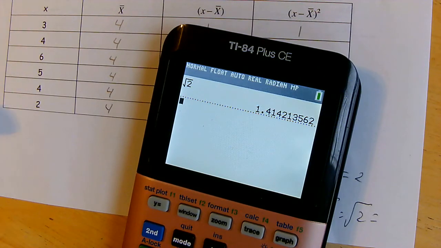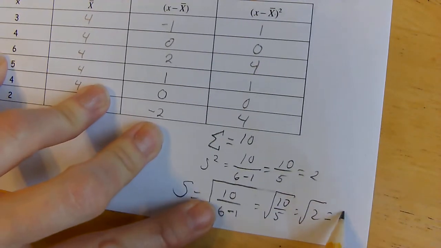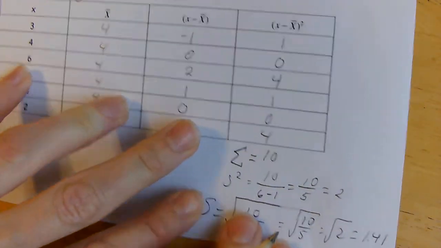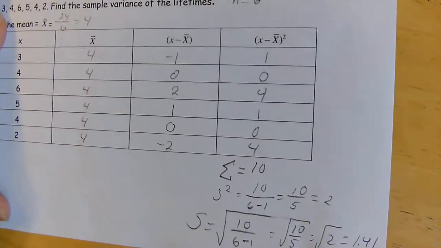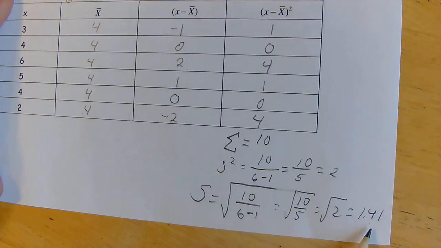I'll round to 2 decimal places, so 1.41. So the average battery life is 4 hours with a standard deviation of 1.41 hours, which is the average distance from the mean for each of the 6 sampled batteries.